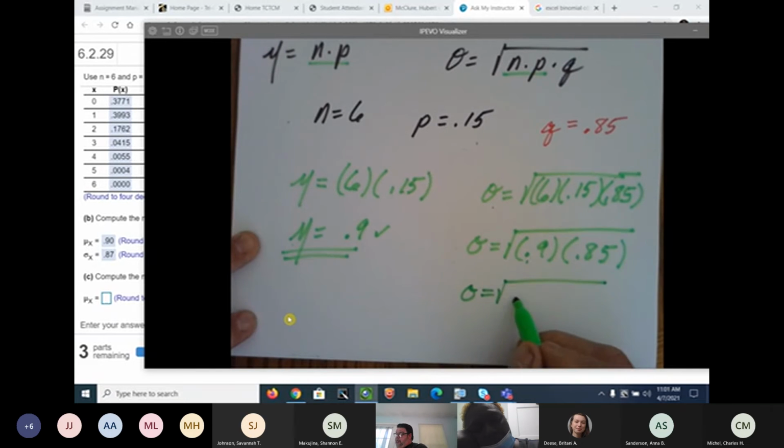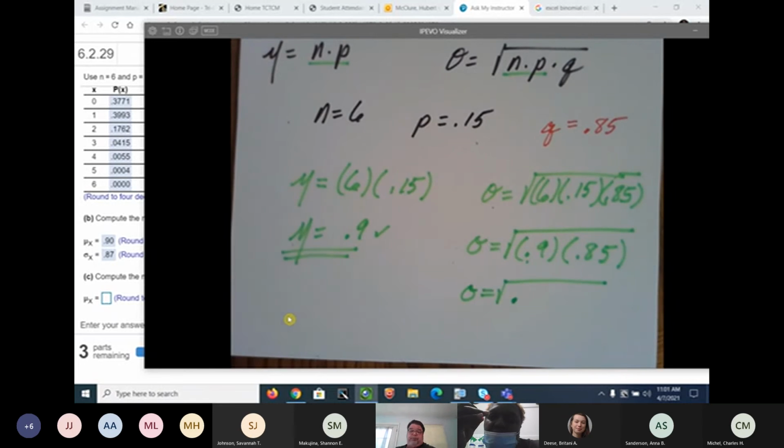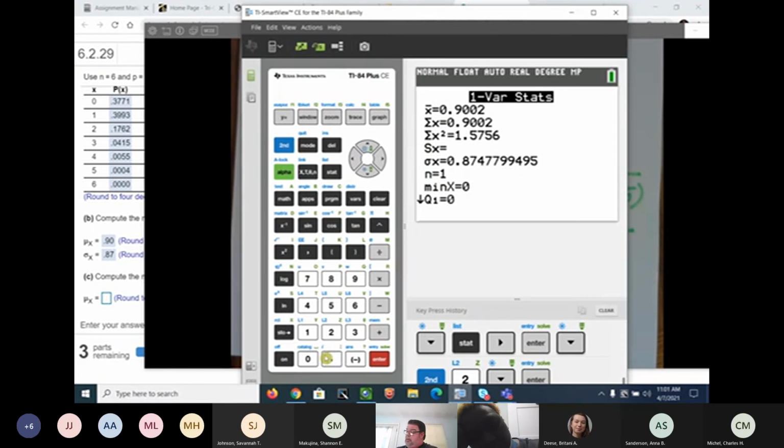Square root of what? What's 0.9 times 0.85? I'll do it myself. 0.765. That's what I thought.